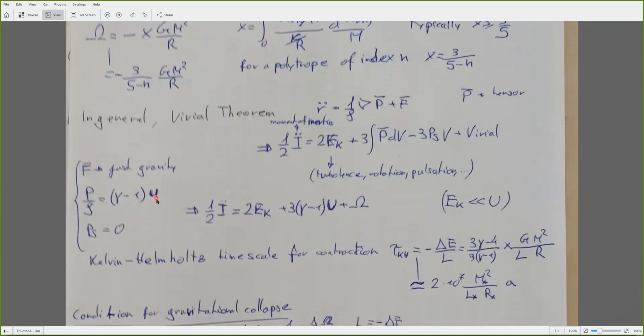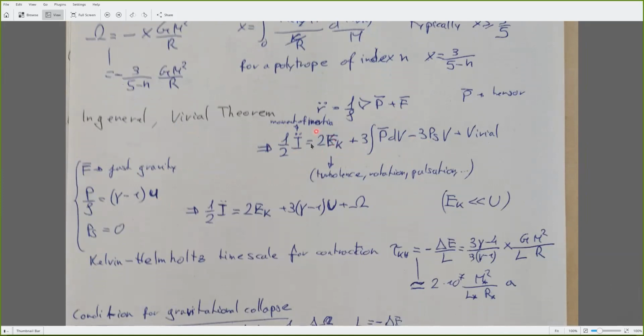Doing the calculation a little deeper with the virial theorem, put together, you get something a little more complex, not so simple. You have here the moment of inertia, considering that the star is not in equilibrium.